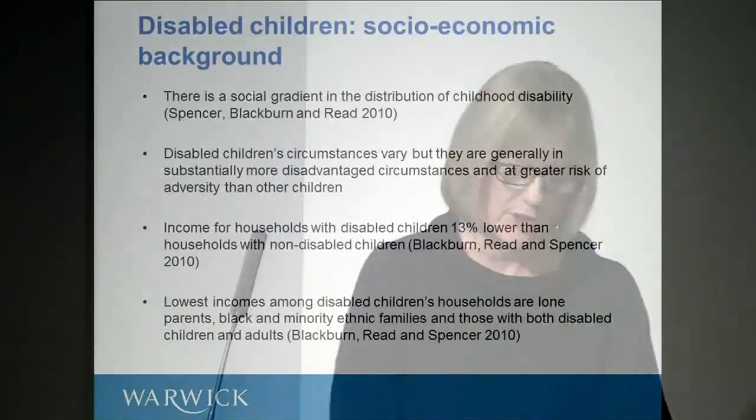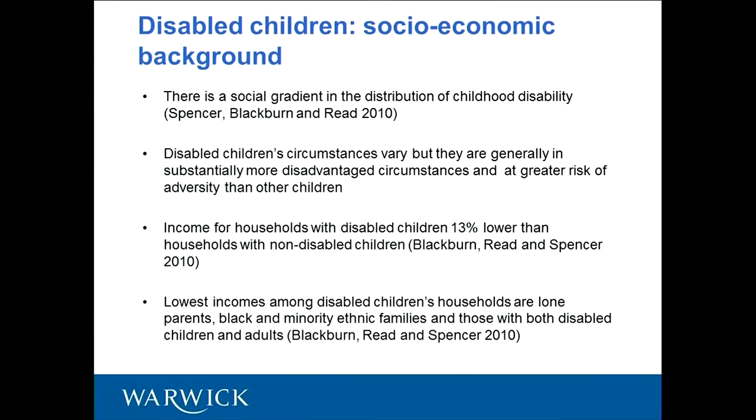So, what else do we know about that population of children and their material circumstances? There's a social gradient in the distribution of childhood disability. What that means is that the prevalence of child disability increases as socioeconomic material adversity decreases.